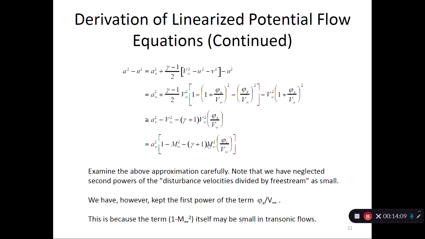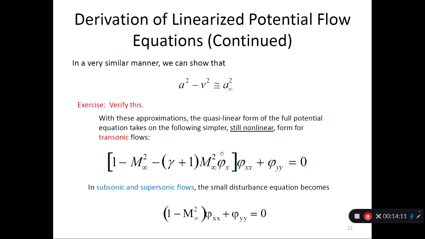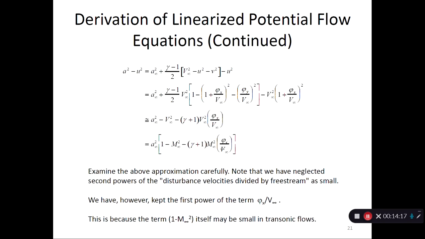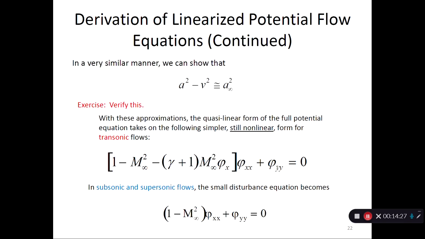By the way, I have Vx over V infinity. It should be a Vx over V infinity. There's a typo here. For the Vyy term, because a infinity squared dropped out, I just have 1. So this is the governing equation that we get.